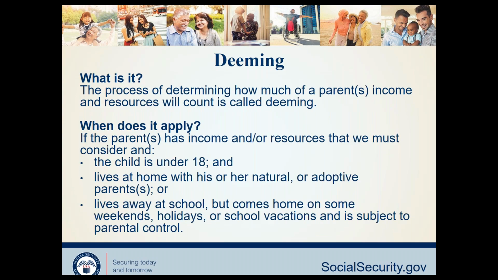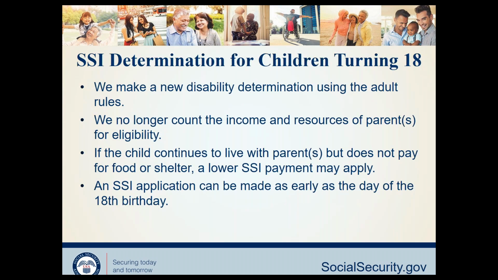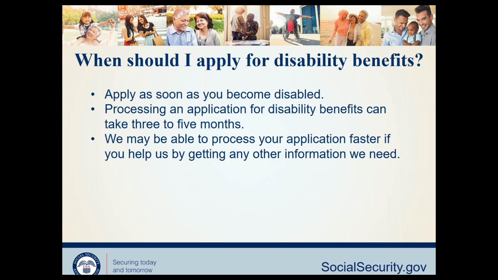Once the child turns age 18, we no longer look at that child's income and we just start doing a determination as an adult. And again, that whole adult process comes into play. So we make a new disability determination with the adult rules when that child turns age 18. We no longer count the income and resources of the parents.